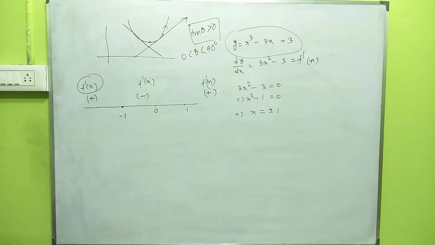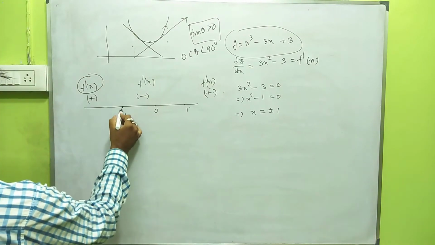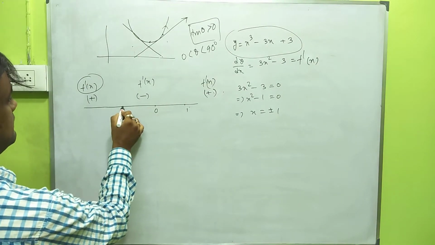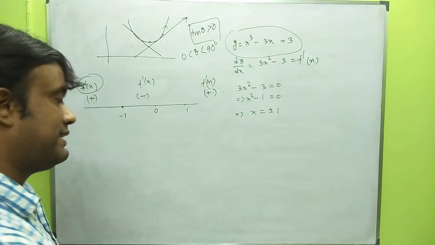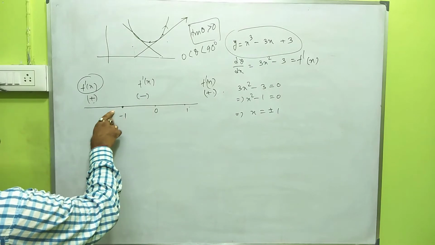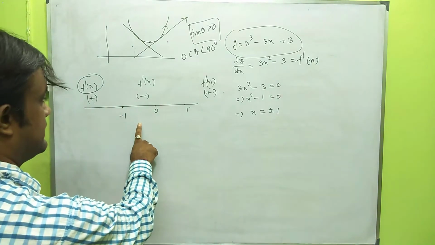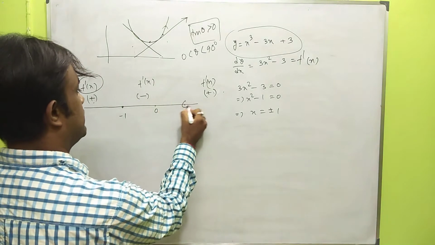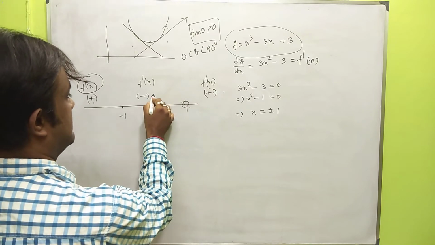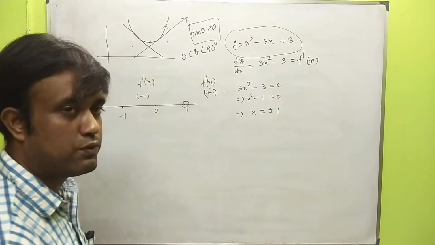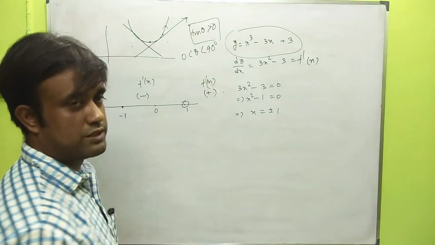So again I explain to you that if we consider the point -1, f'(x) at the left side of -1 is positive and f'(x) at the right hand side is negative. And with respect to the point 1, f'(x) on the left hand side of 1 is negative and on the right hand side of 1, f'(x) is positive.